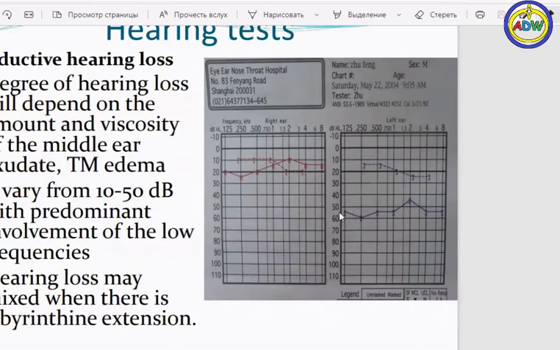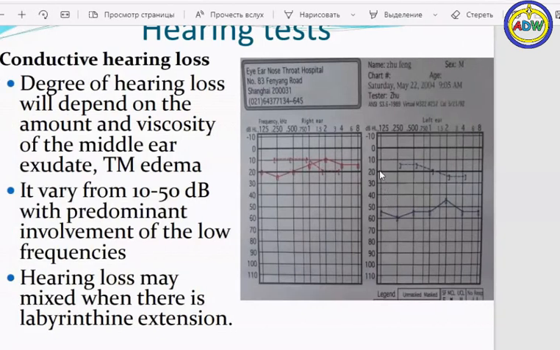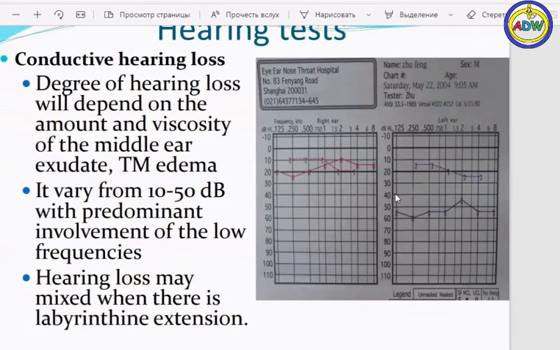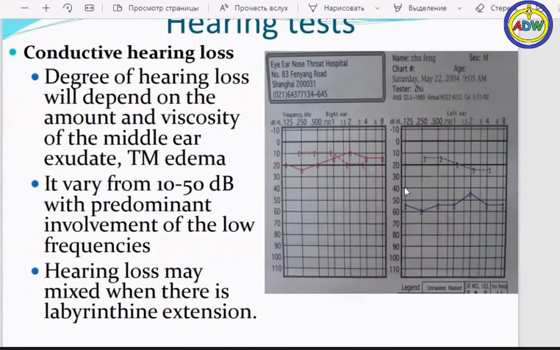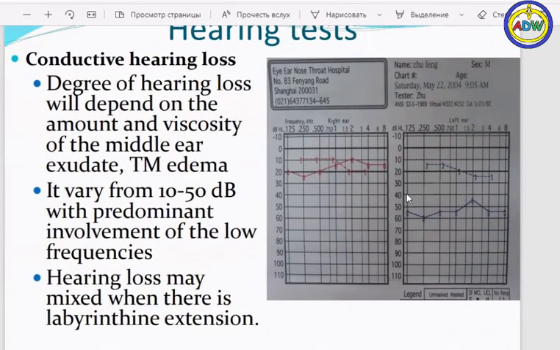The degrees of hearing loss: 20 to 40 decibels is mild, the first stage of conductive hearing loss. 45 to 60 is moderate. 65 to 80 or 85 is severe, the third stage of hearing loss.